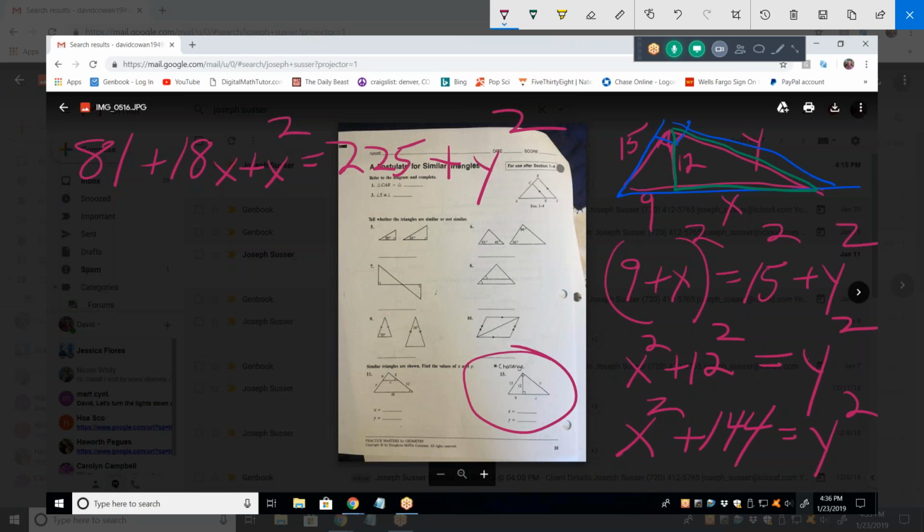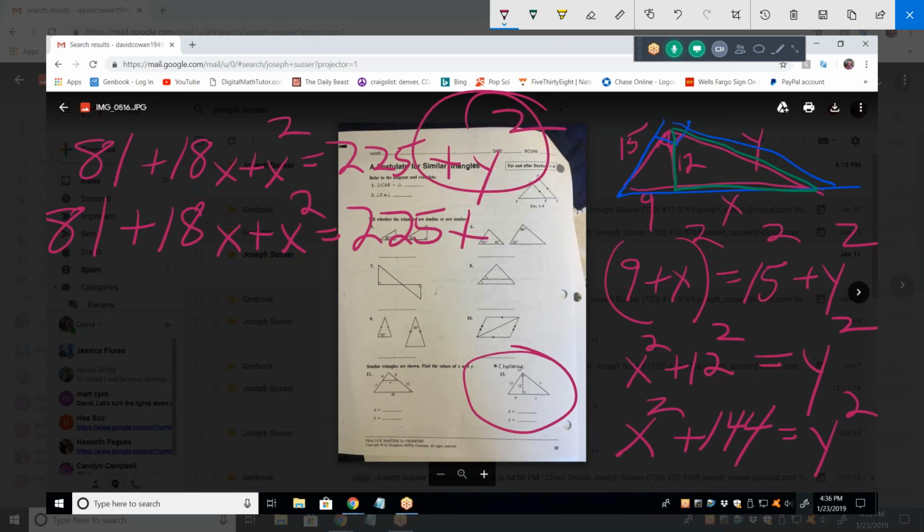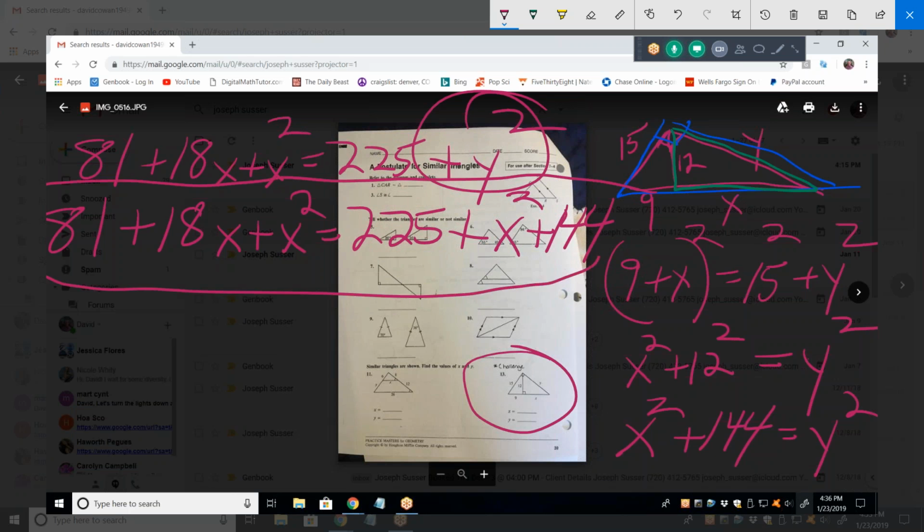So let's substitute that for this y squared up here. So now we're going to have 81 plus 18x plus x squared equals 225 plus x squared plus 144. Now we have one equation and only one unknown. And notice the x squareds even cancel out, making it really easy.